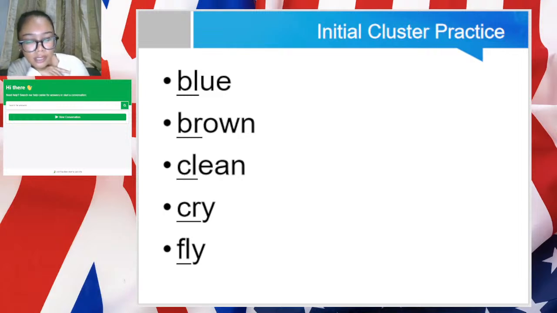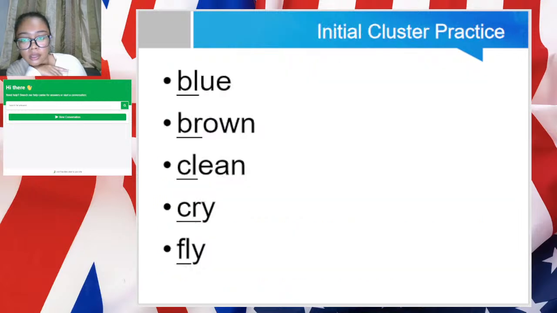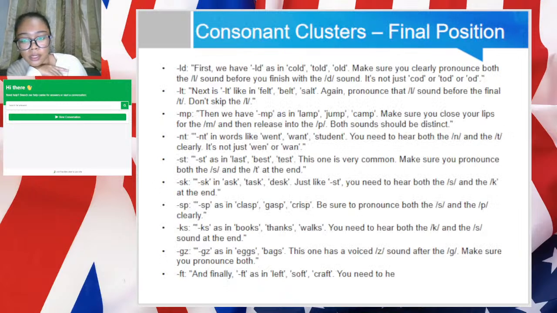So that is all for initial consonant clusters. Next we have consonant clusters that are in final position. We don't need to dig deeper into this. I think this is the only slide for this one. So let's dive in.